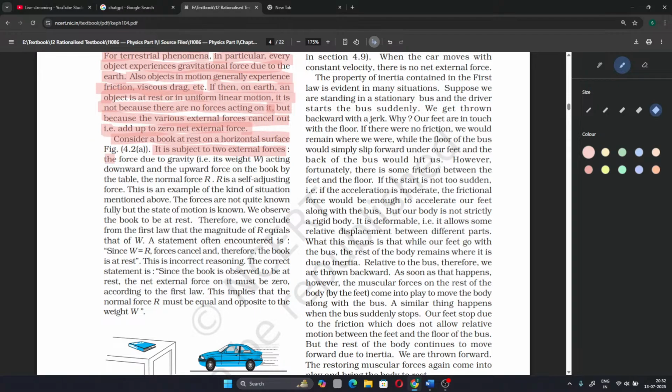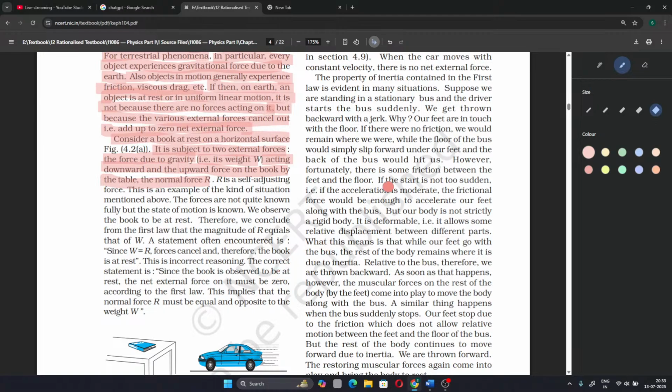The first force is gravity, because the book has a mass and everything that has mass will experience a force of gravity acting downward, and the next force acting on it is the upward force on the book by the table, the normal force R.